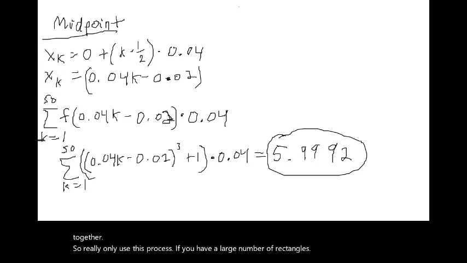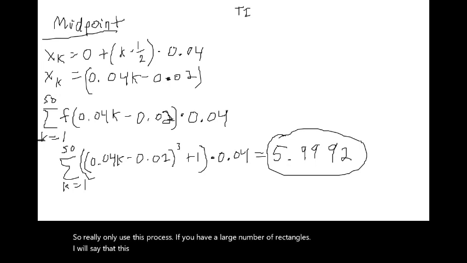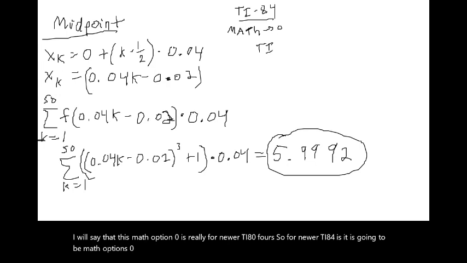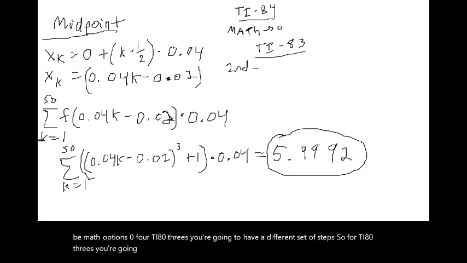Now I will say that this math option 0 is really for newer TI-84s. So for newer TI-84s, it is going to be math option 0. For TI-83s, you're going to have a different set of steps. So for TI-83s, you're going to press the second key.